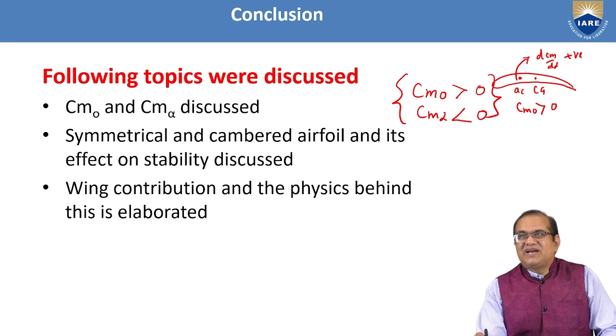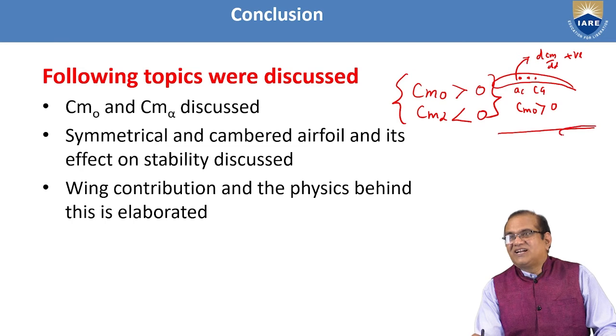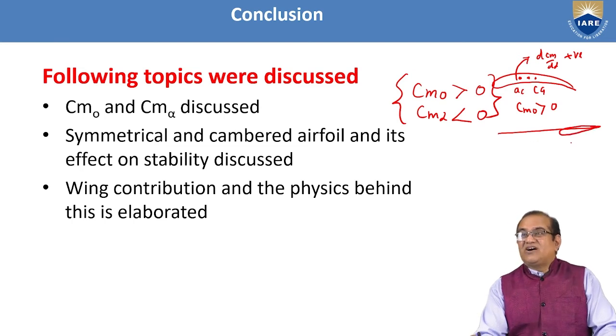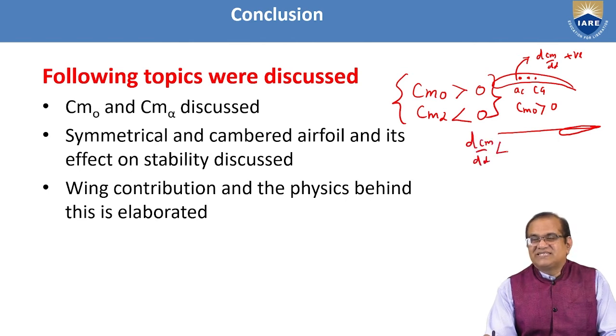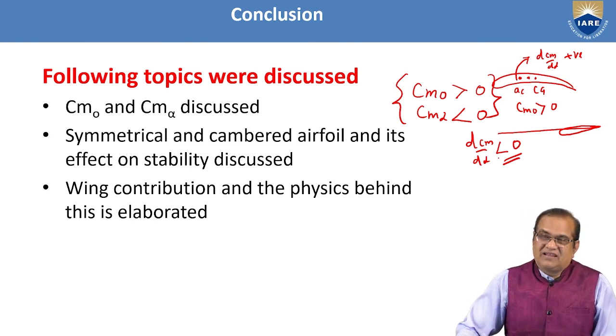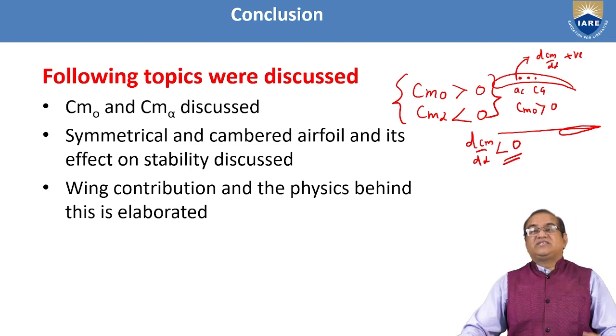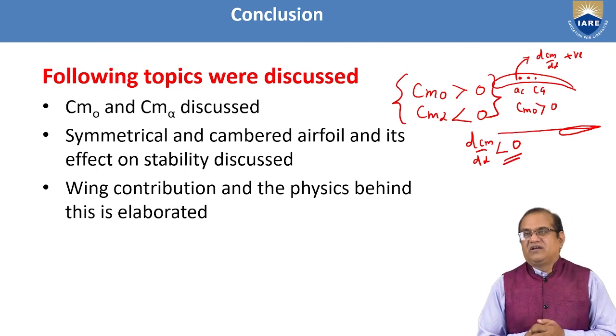But this dCm by d alpha, because we will keep CG and AC very near, this amount we can counter by the tail, horizontal tail. This horizontal tail will make sure that dCm by d alpha is less than 0. Okay, so that is the purpose of the horizontal tail. Horizontal tail is used to counter the moment of the main wing.